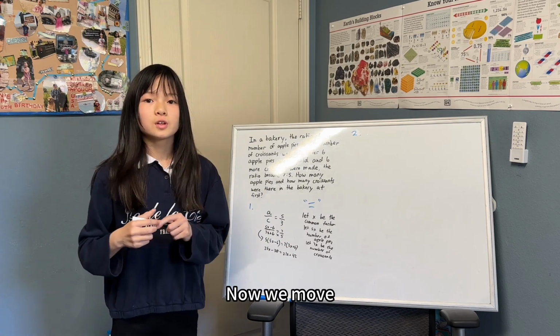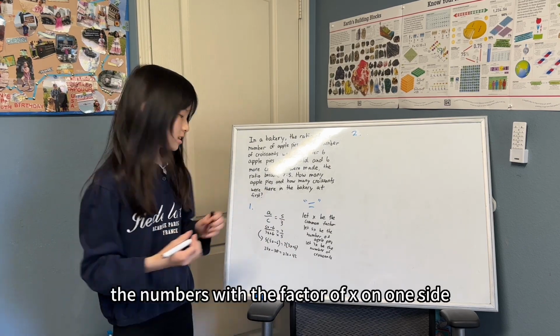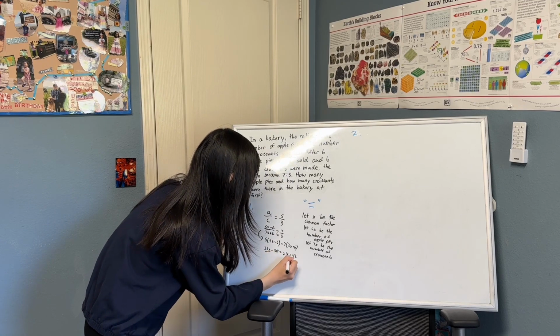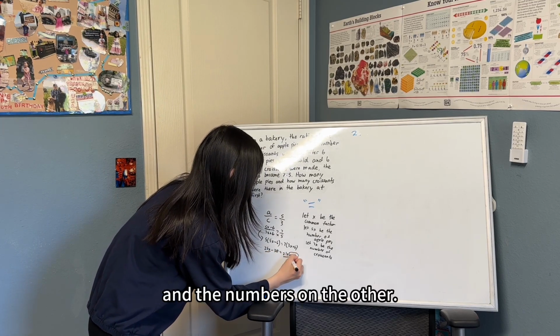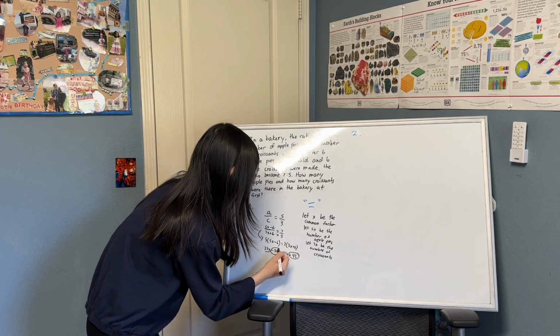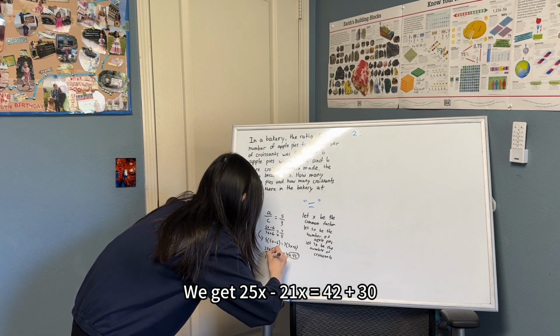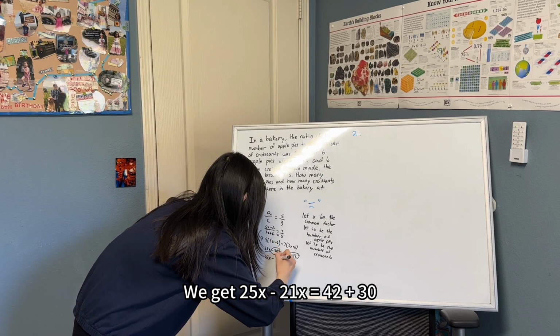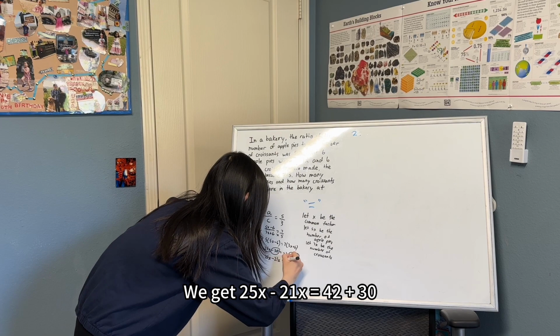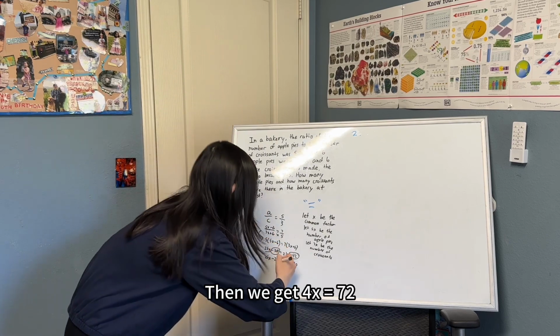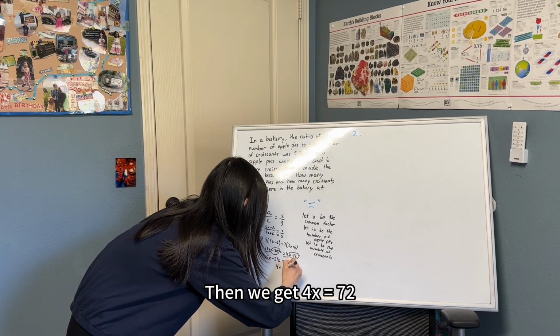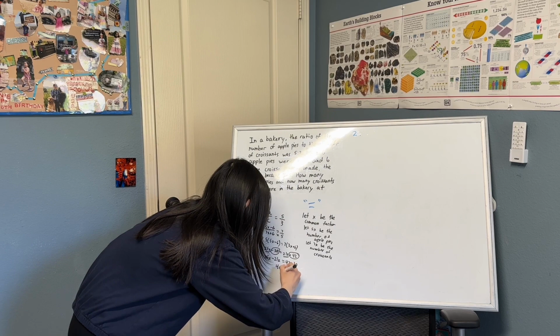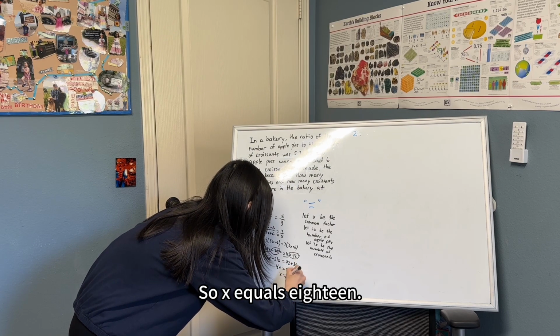Now we move the numbers with the factor of x on one side and the numbers on the other. We get 25x minus 21x equals 42 plus 30. Then we get 4x equals 72. So x equals 18.